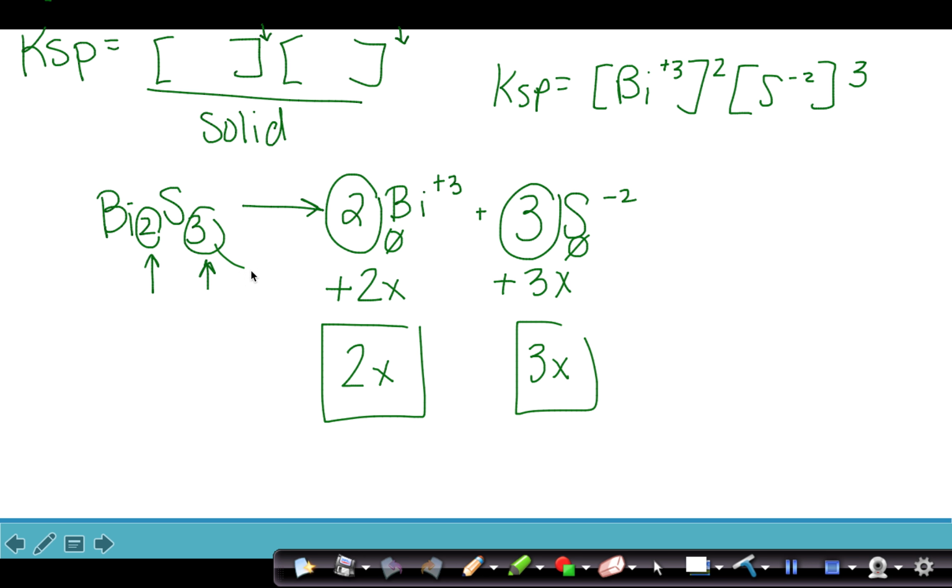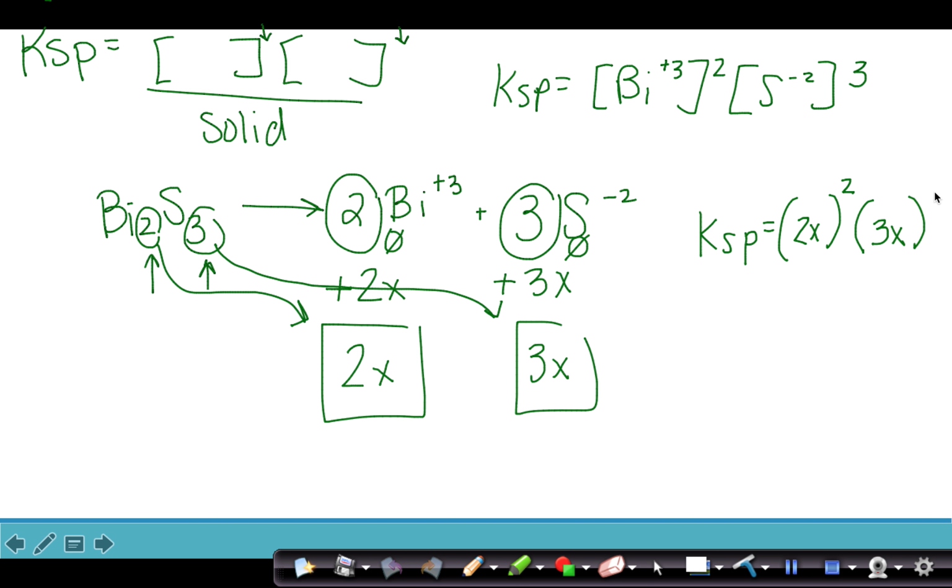So this number also goes in front of the x, so that when we plug these in for our Ksp expressions, you wind up with that subscript being both the coefficient and the exponent. And if you know what the Ksp is, it gives you a little bit of a shortcut. So I'm just going to go through that one more time with another example.